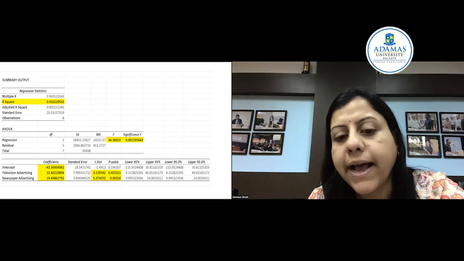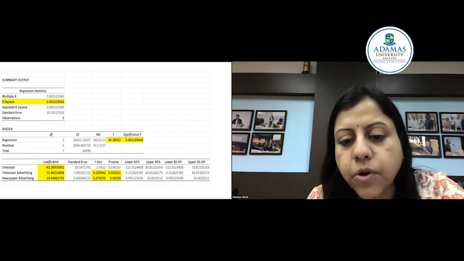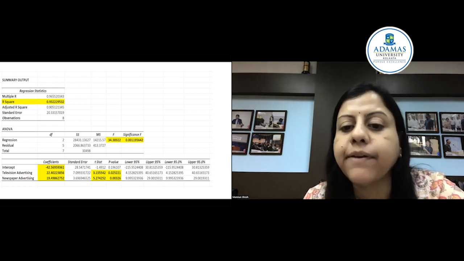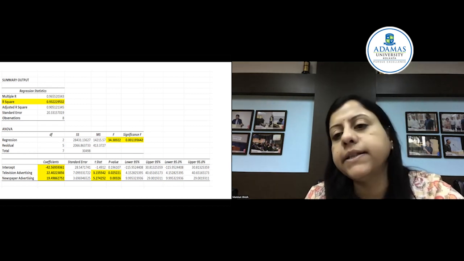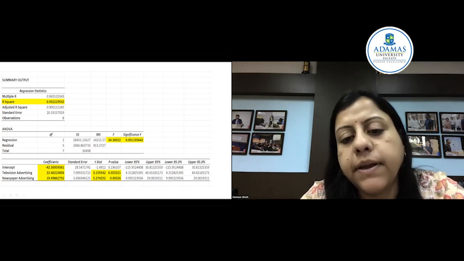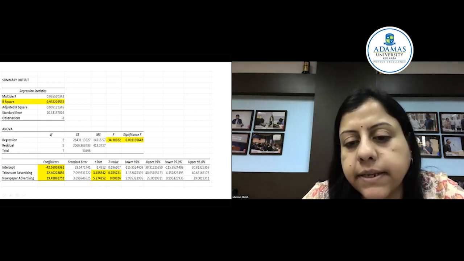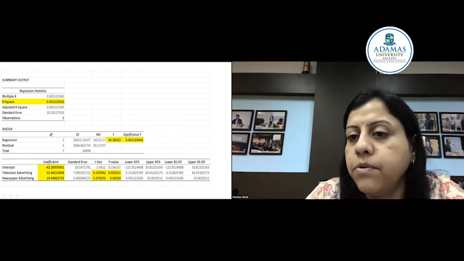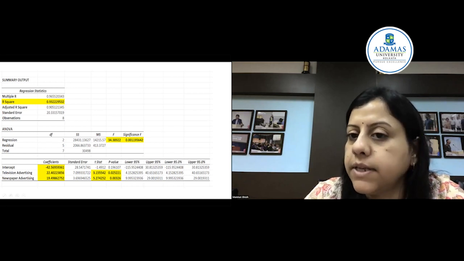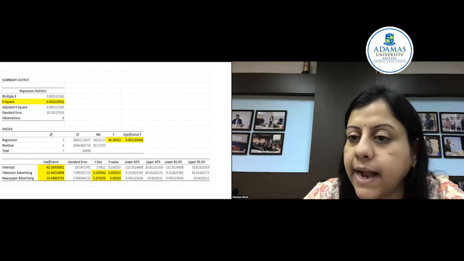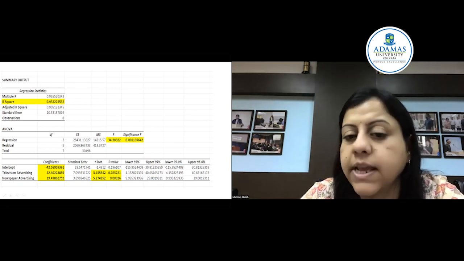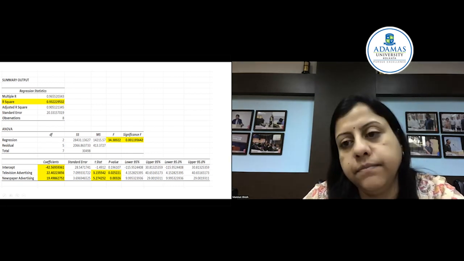Now, why have I highlighted the t-stats column and the p-value column, and the f-value column and the significance f-value column? Do remember this f-value and the significance f-value. If the significance value is less than 0.05, it means that the regression equation we are creating is an efficient one.